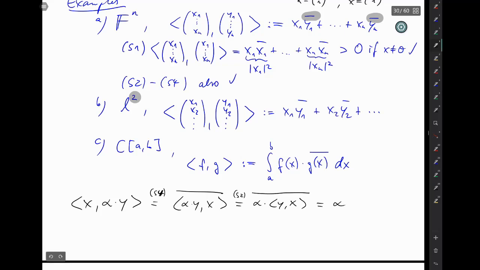And now you see that this is alpha complex conjugate times y comma x bar, and then by using S4 again you can flip back. But you see that the complex conjugate bar doesn't go away in your alpha. So indeed, homogeneity works a little bit differently in the second component than in the first, but additivity is just the same.